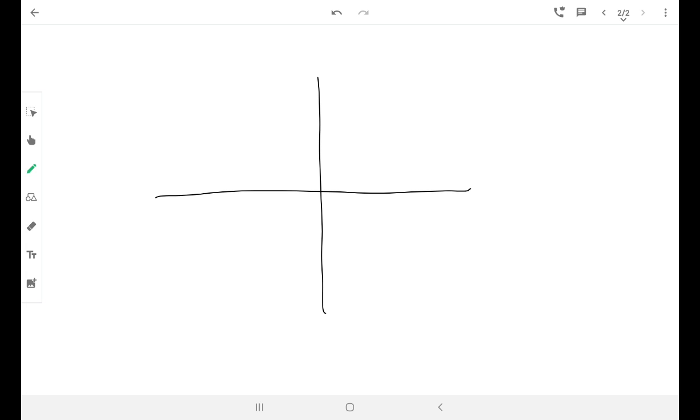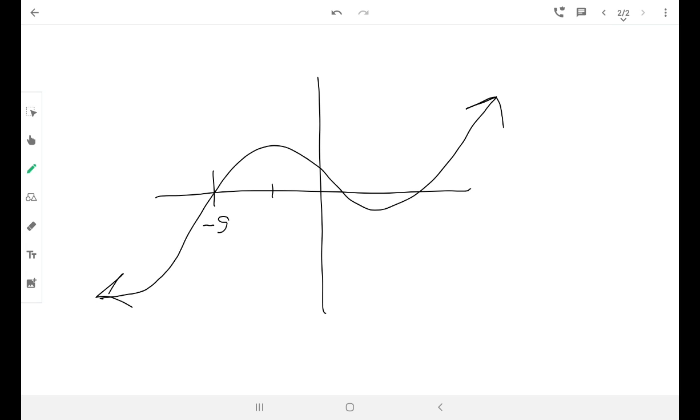So that's the domain and range interval notation, and the way that works is when you're talking about a graph, if I ask you, let's say I give you just a random graph. Let's say it looks like that and that, okay? And let's say this is -5, and let's say this is -3, and let's say this is 2.